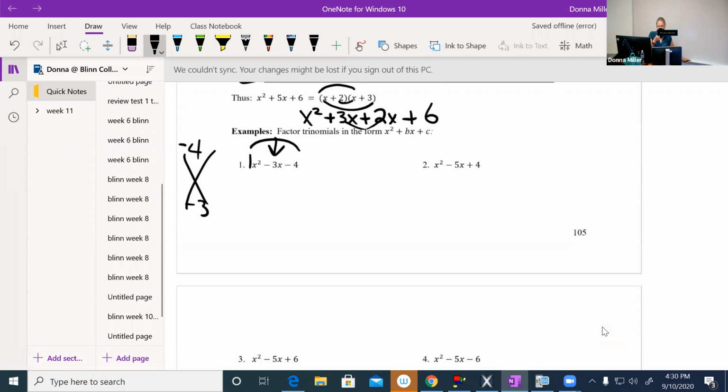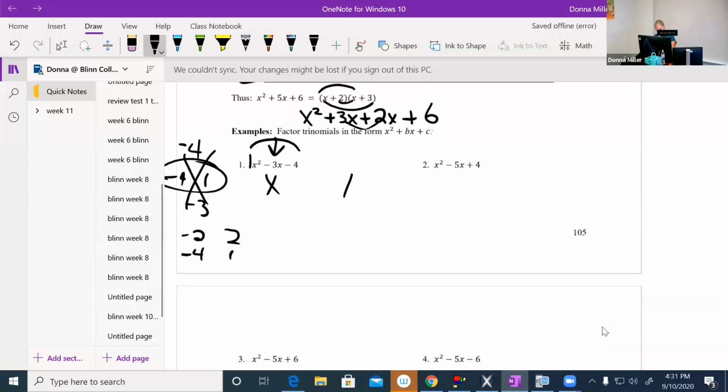All right. So I can try -2 and 2. Does that add to -3? -1 and positive 1. Right, I have to find a pair. So what's the other pair? Good, -4 and 1, right? That's going to add to -3. So I know that -4 and 1 are my factors. You just write them down. Split the x's: x minus 4, x plus 1.